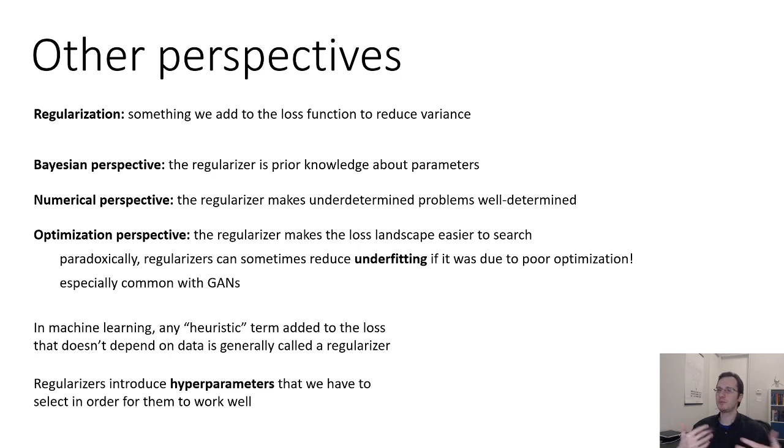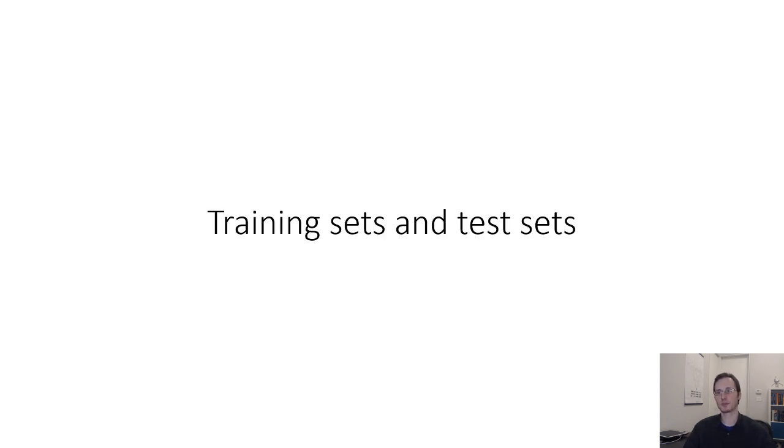A hyperparameter could be as simple as that lambda, so it could be as simple as a multiplier in front of the regularizer, or it could be something more complex. But one way or another, these hyperparameters have to be chosen, and they can't be chosen to minimize your training loss, because your training loss might already be very, very low if you're overfitting, for instance. So you have to choose those hyperparameters in some other way. And that's what we'll talk about in the next section.